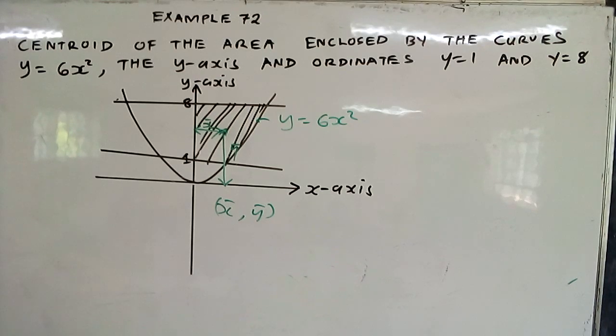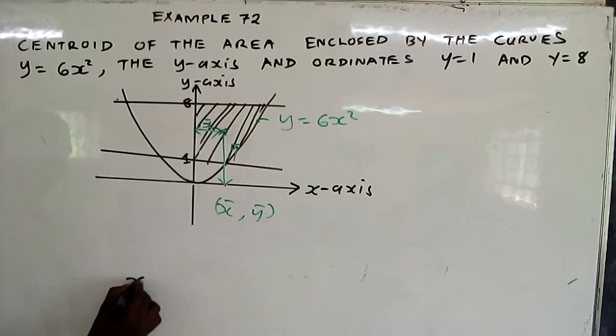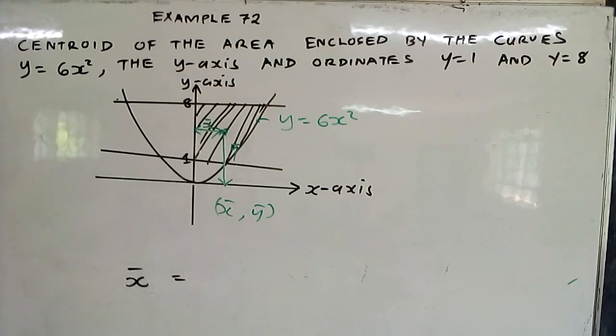So the formula of getting the centroid, if it is along the x-axis, we derive the formula by using the x-axis, isn't it? And we found that when you are looking for the x bar, the x coordinate of the centroid, you put area over area.